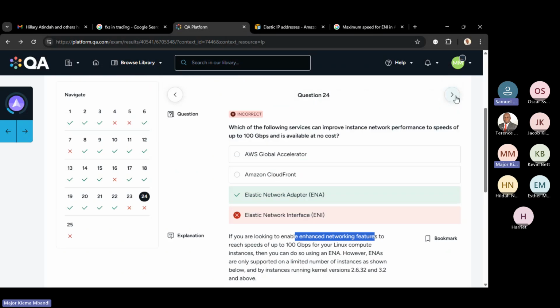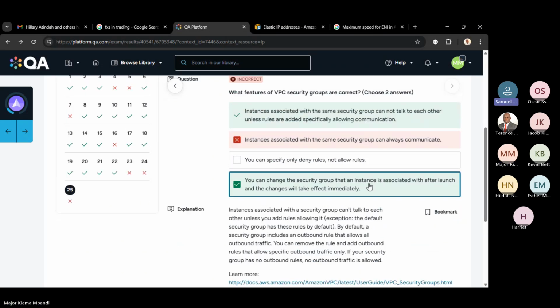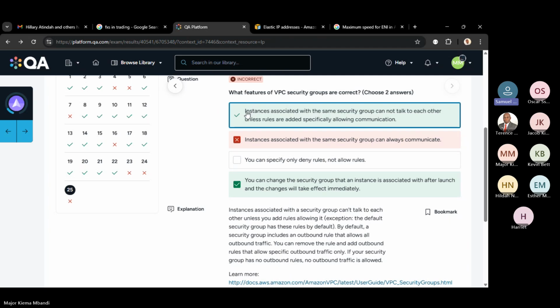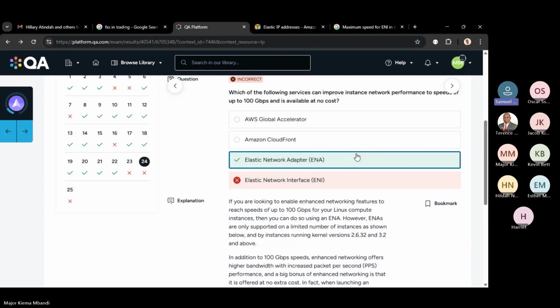So let's move to 25. You see, in the previous question, they mentioned at no cost, but that is another question. We're talking about what can speed you up to 100 gigabytes, so we are talking about ENA, which is the adapter. And the ENI, what I'm sure about is that it comes with cost.